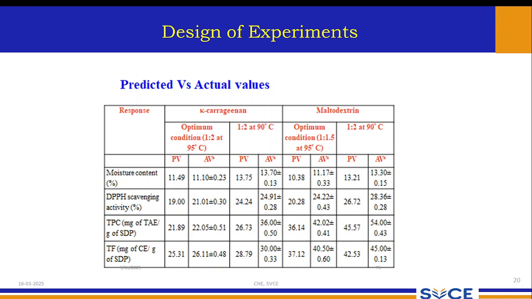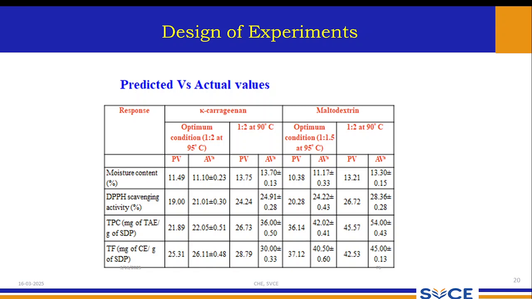Whereas for TPC, here 21 and 26, the optimum point is found to be 21. So 28 and 25, again 1:2 at 90 degrees gives an optimum condition. So you see here DPPH, TPC and TF have been found to be higher, whereas the moisture content at 95 degrees Celsius is found to be lower.